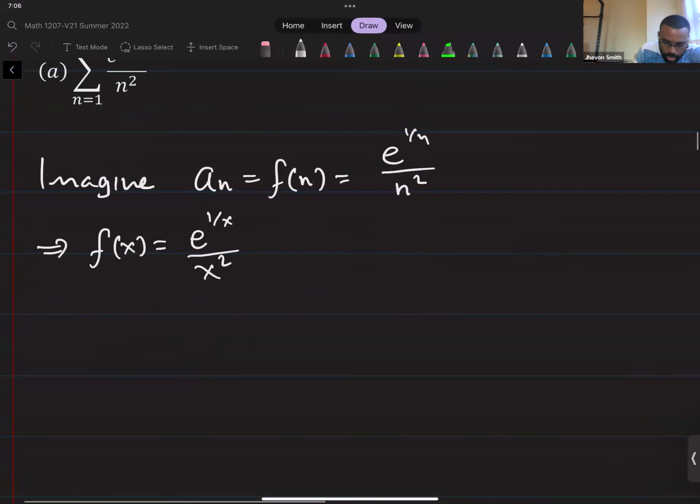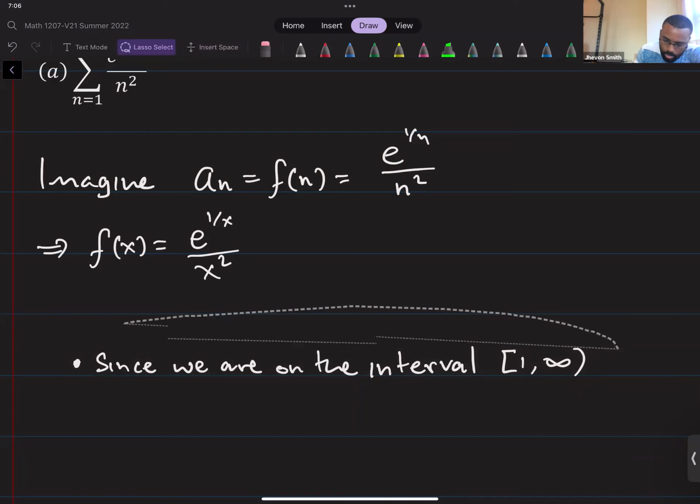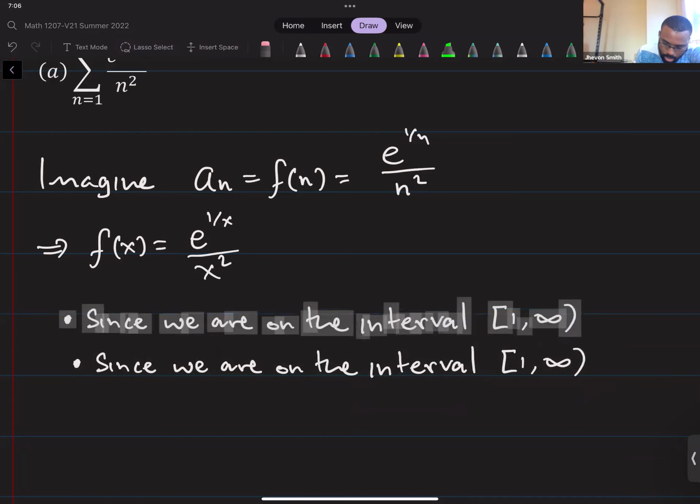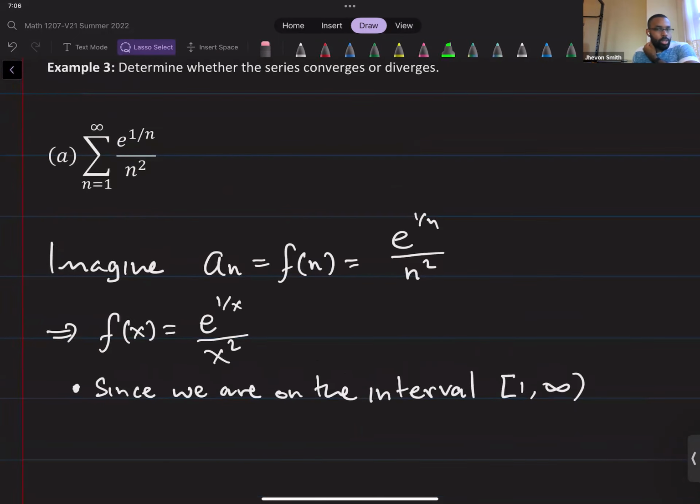Since we are on the interval 1 to infinity, we have a couple of things.